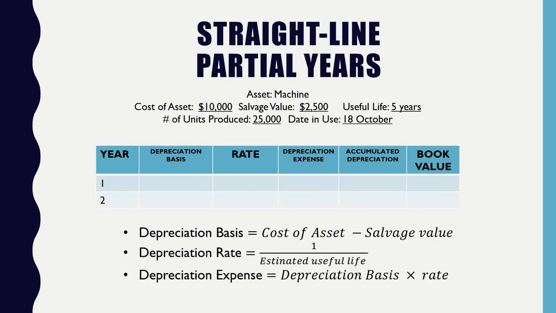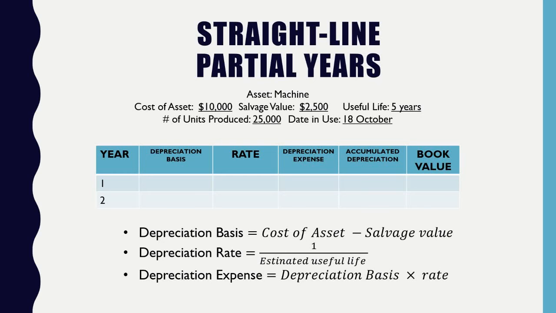So now let's go ahead and figure out the calculations here, because we have to consider that my asset is only 2 months old. Let's go through the scenario. What's my depreciation basis going to be? 7,500.